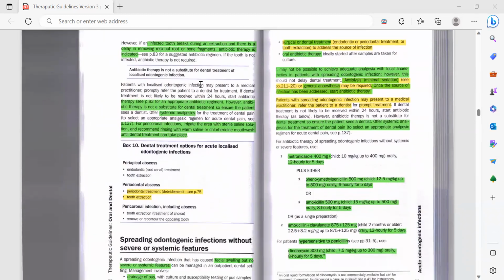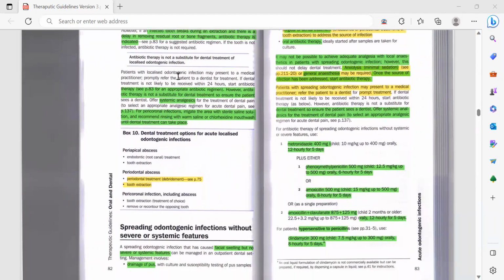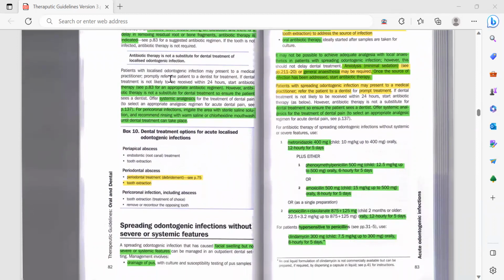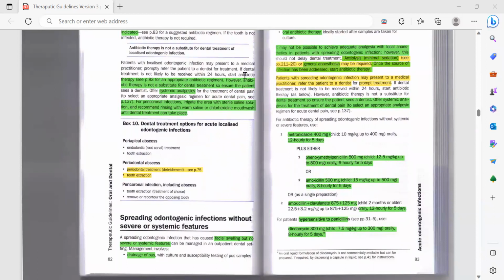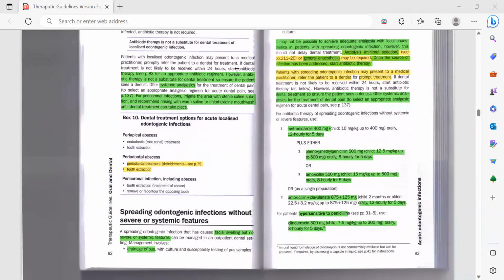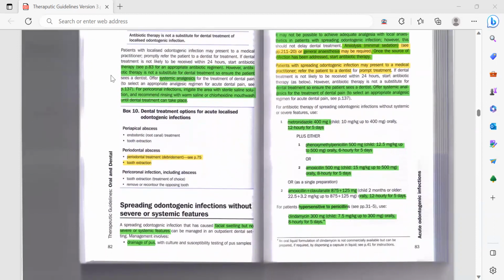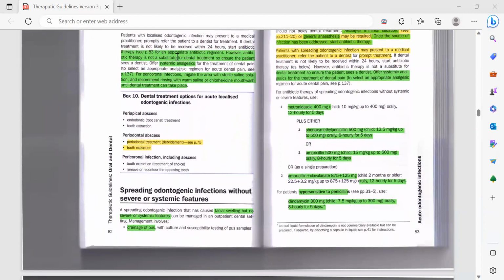Patients with localized odontogenic infection may present to a medical practitioner, who should promptly refer the patient to a dentist for treatment. If dental treatment is not likely to be received within 24 hours, then they need to start the antibiotic therapy. However, antibiotic therapy is not a substitute for dental treatment, so ensure the patient sees a dentist.